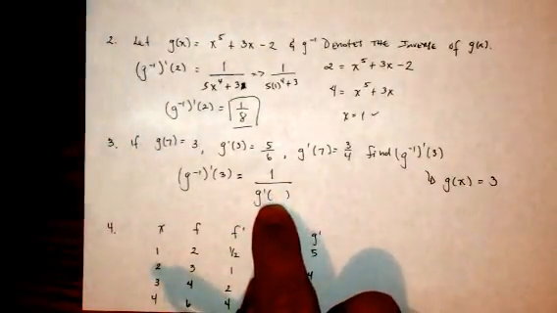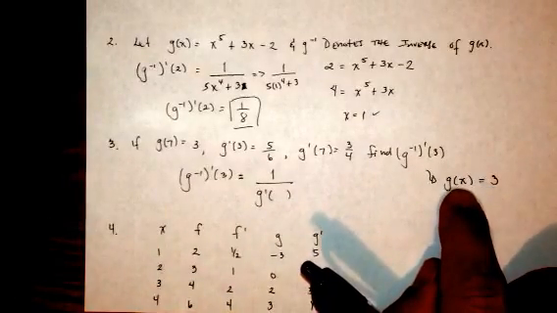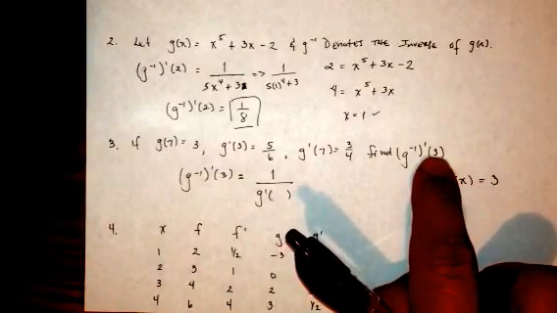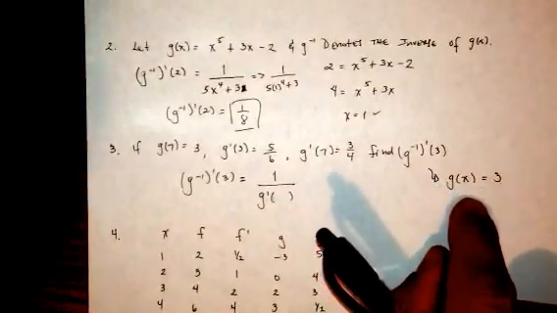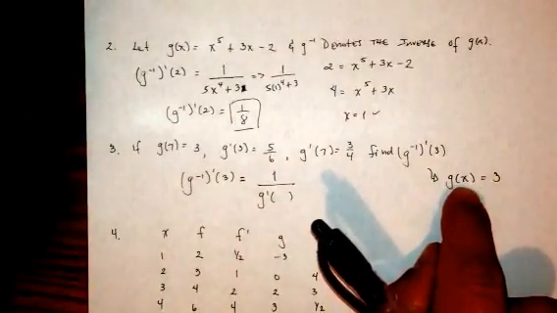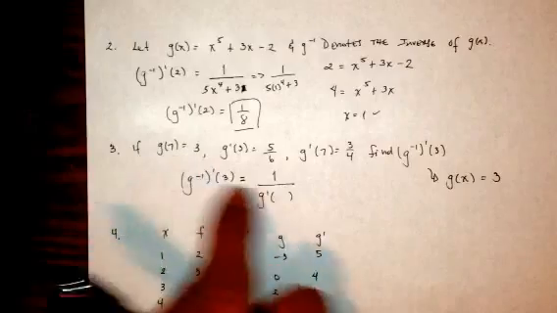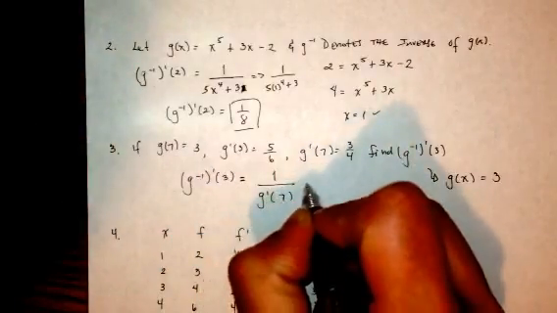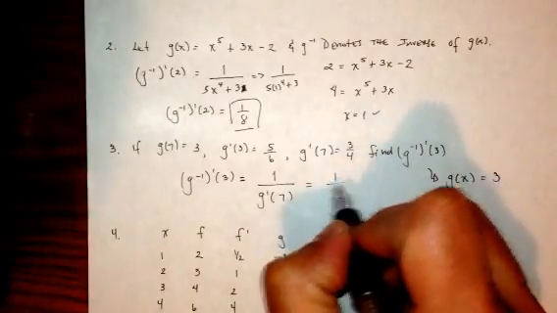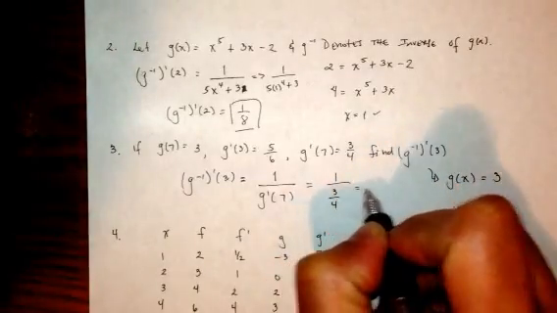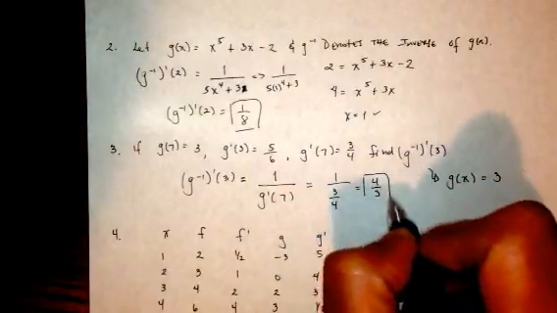Well, what am I going to plug in? This is the y value of the original function, and I'm trying to find this x value. Look, this is what they give me. So I plug in 7. And then what's g prime of 7? Oh, look, they give it to me again. So 1 over 3/4, which becomes 4/3.